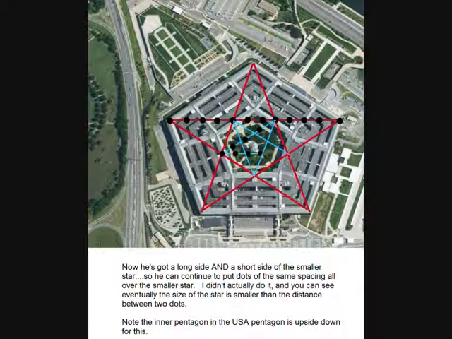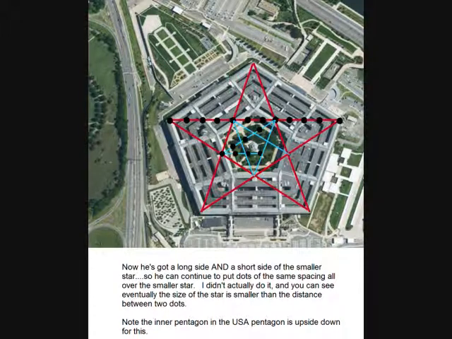But just looking at the big pentagon and the little pentagon inside it, you see once you put equally spaced points along the big red star, because the longer and shorter side of the blue star are the pointy length and the difference between the pointy length and the distance, well, because both the lengths in the blue star are segments in the red star.